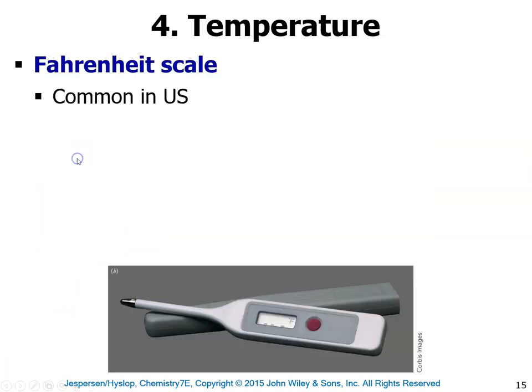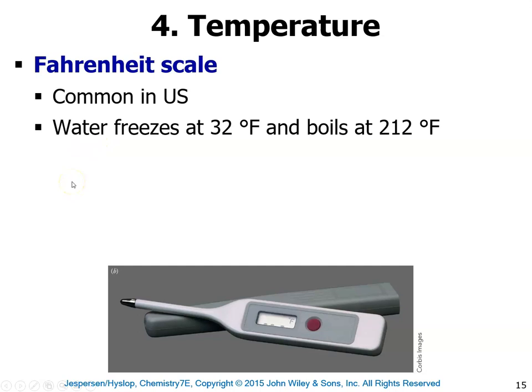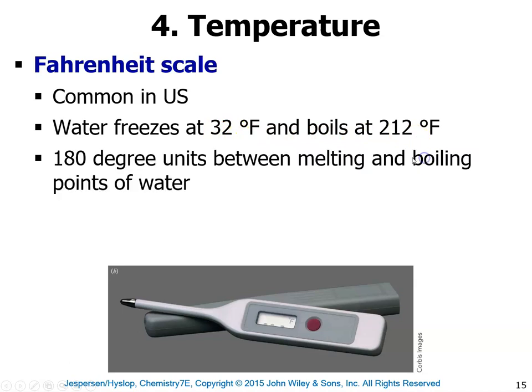So Fahrenheit is typically used in the US, and the units that are used, it was kind of arbitrary, and just so happens that water freezes at 32 degrees Fahrenheit, boils at 212, and there are 180 degree units between melting and boiling points of water.